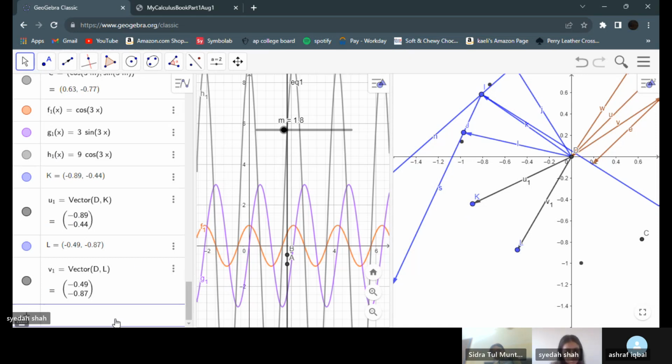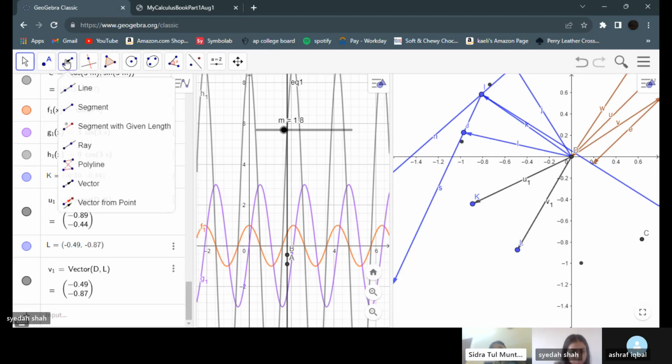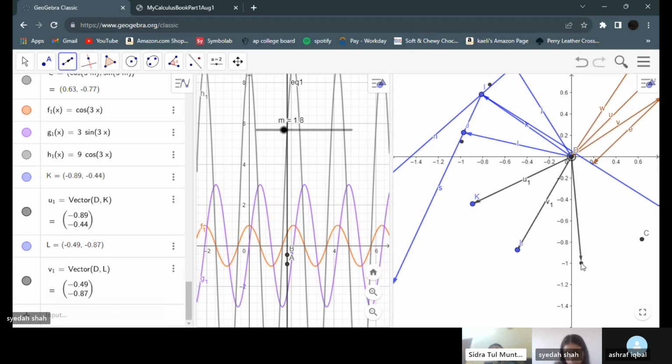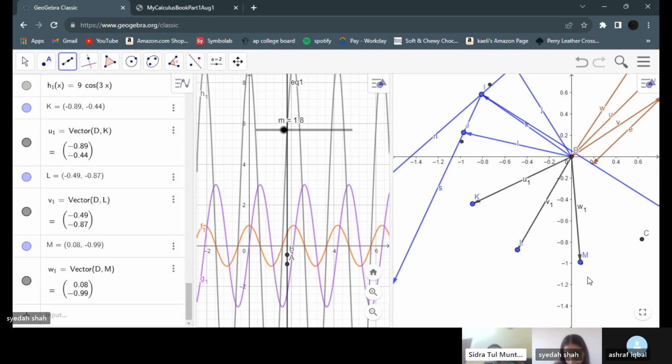You have to make one more, because we cannot find acceleration if we do not have 2 velocities.